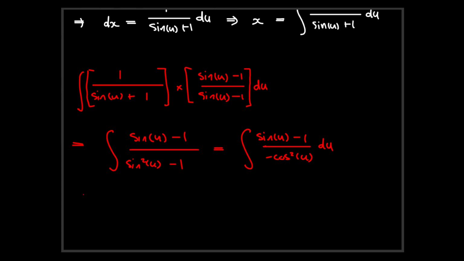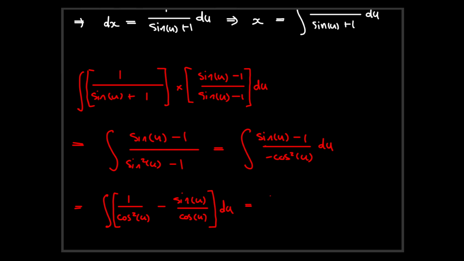Great, and here let's just finish this integration. Here we'll get the integral of 1 over cos squared u du minus sine u over cos u du. Okay, excellent. So this is where we are, and we can rewrite this.